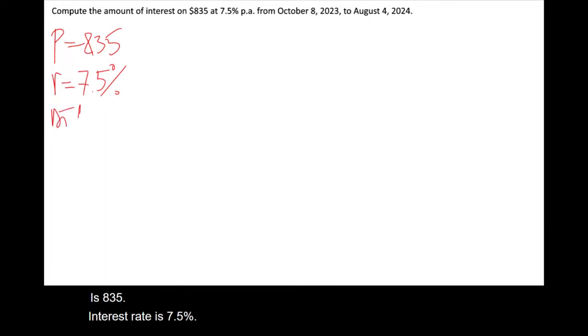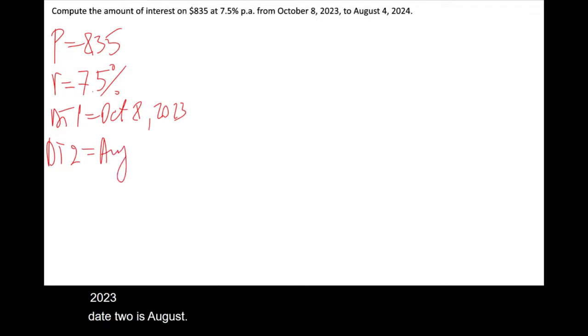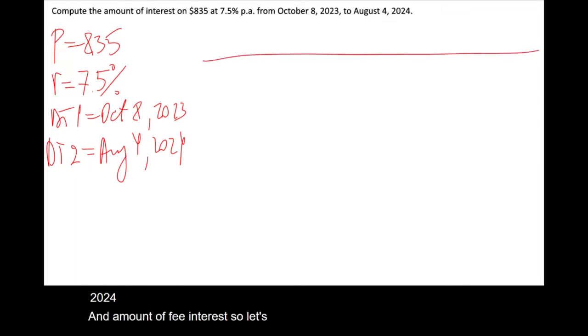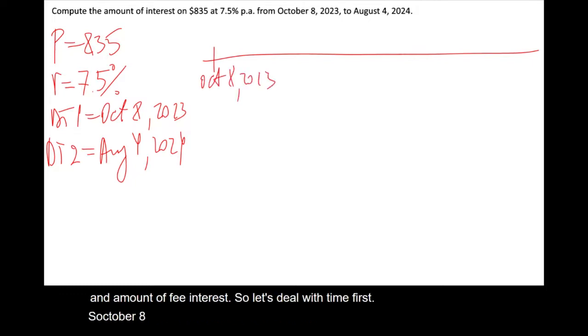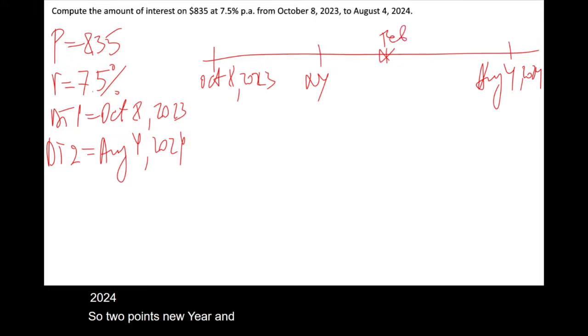Date 1, October 8, 2023. Date 2 is August 4, 2024. And amount of interest. So let's deal with time first. Here I have 2 points, New Year and February 29.